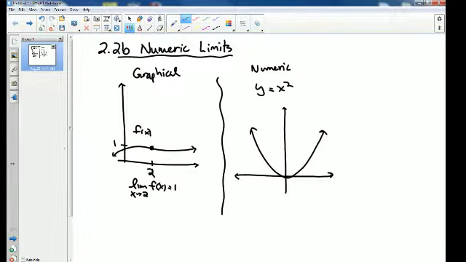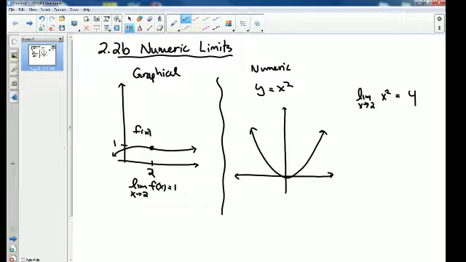The first one is, let's say you're asked the limit as x approaches 2 of x squared. Any guesses? Why do you say 4? 2 squared is 4. Yeah, that's it.